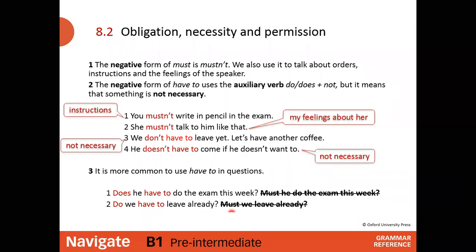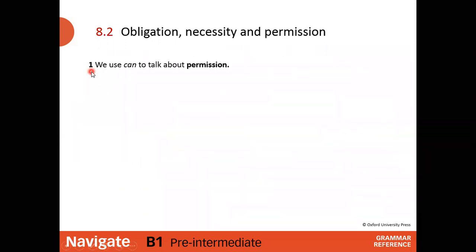Must we leave already? So you're kind of lazy to do that. But do we have to leave already? So you are worried about it, or when you want to know about your departure, this is like a real question.